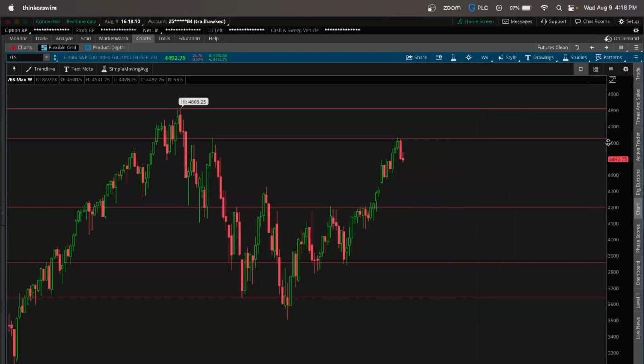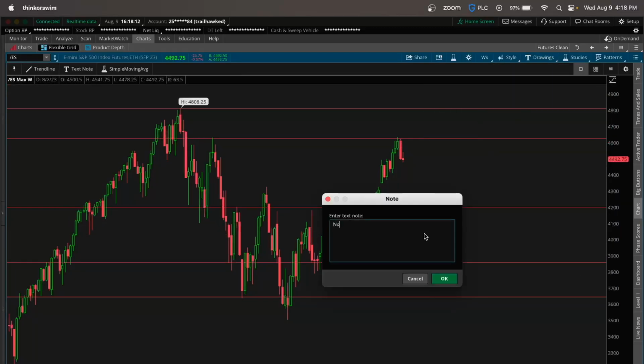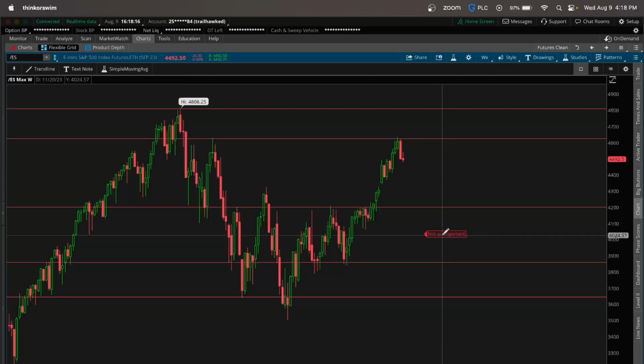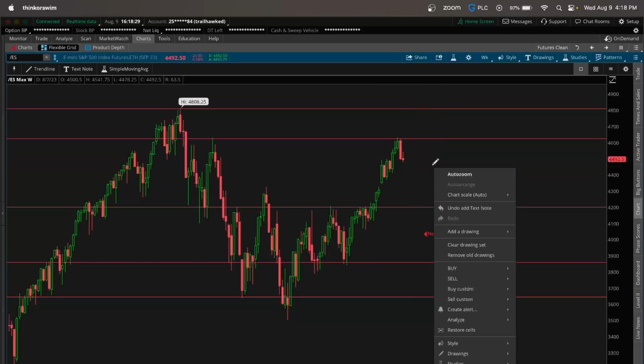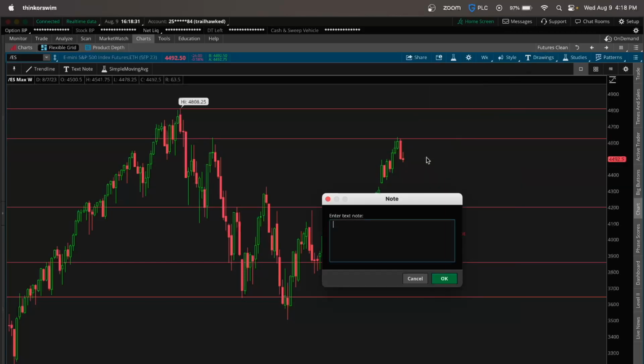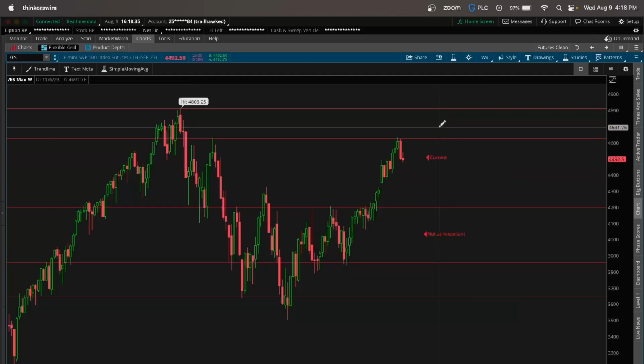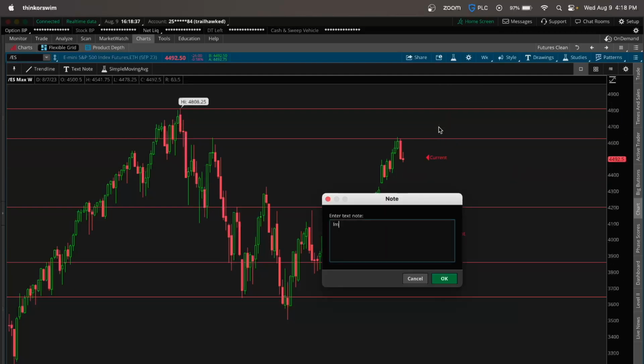And the reason being is that this is so far away from where we currently are, but this could be breached, and this is more reasonably going to be tested in the near future. So we'll just go through and identify current, and we'll identify important.